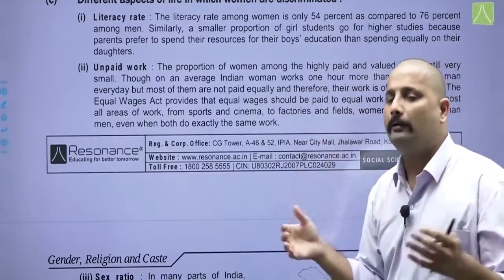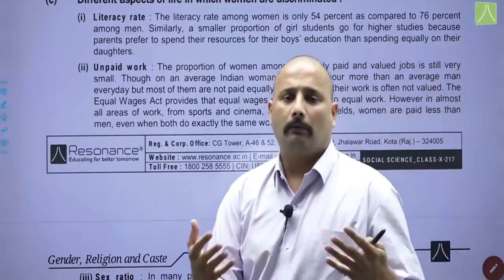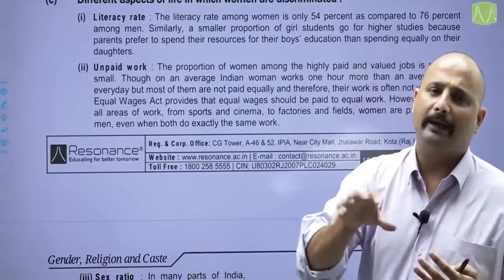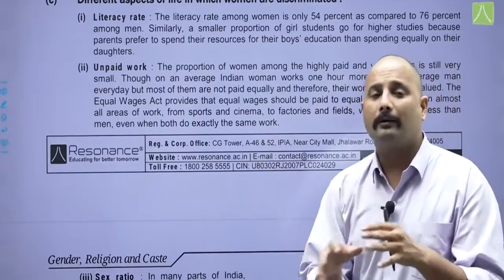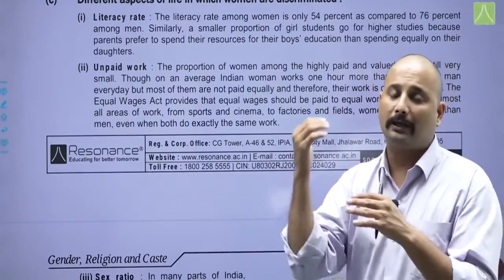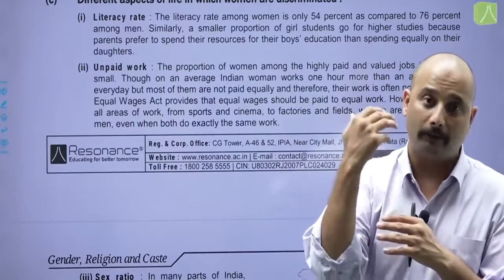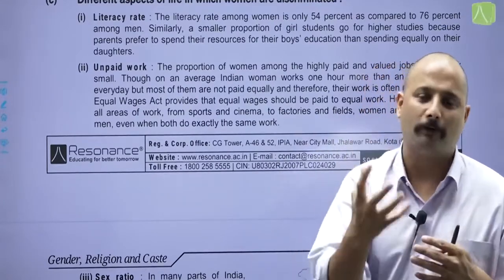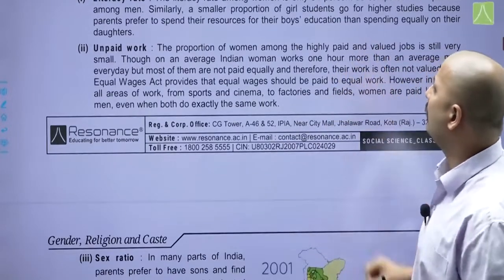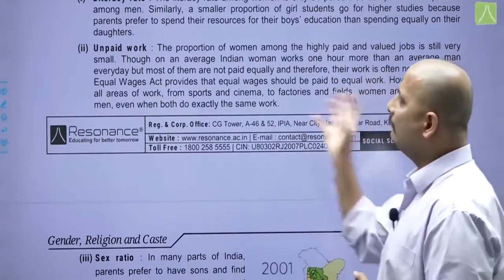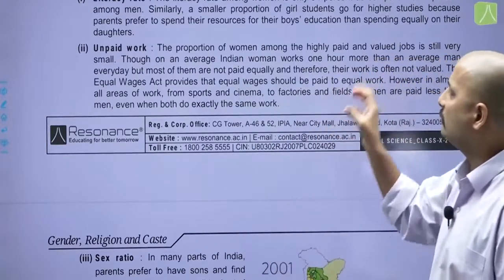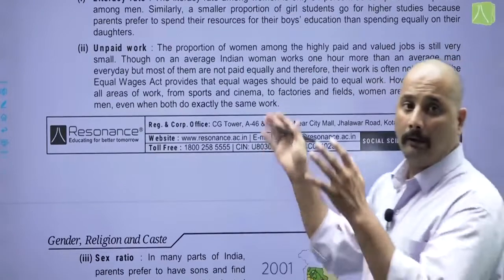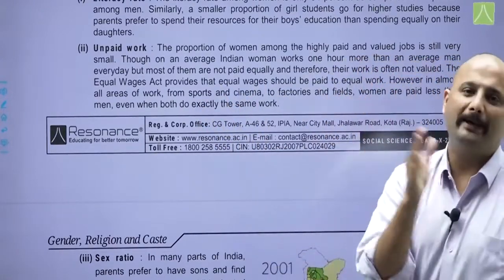We daily observe, even in our families, that our mothers and daughters work day and night for the family, but that work goes unnoticed, and because it is not paid for, there is no equal respect for it. The proportion of women among highly paid and valued jobs is still very small. Though on average an Indian woman works 1 hour more than an average man every day, most of them are not paid equally.